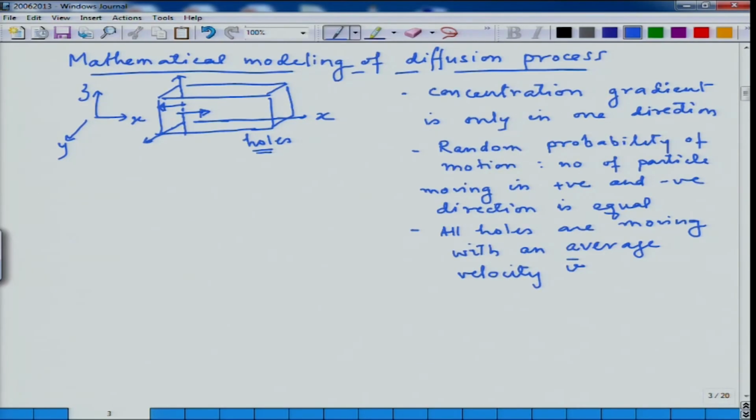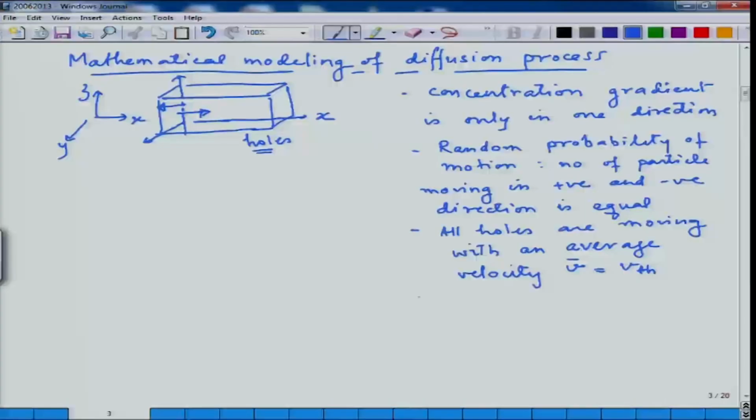This simplifies the problem, as we take all the particles to have the same average velocity V bar, which is going to be equivalent to the thermal velocity of the particles in the classical picture.